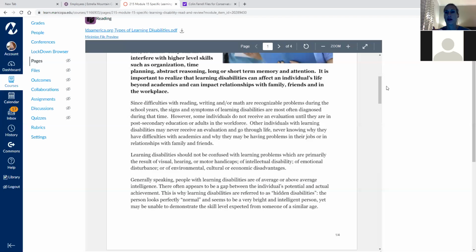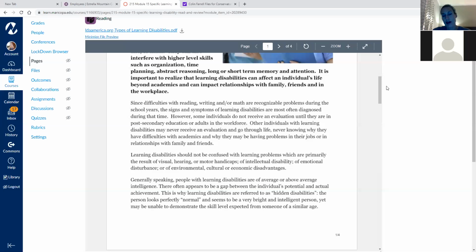If you have some other kind of what I would say major disability like hearing loss, a vision issue, that will impact your ability to hear and learn new things at a certain pace. But there's often a gap between the individual's potential and actual achievement. So that's where we're looking at identifying a learning disability.